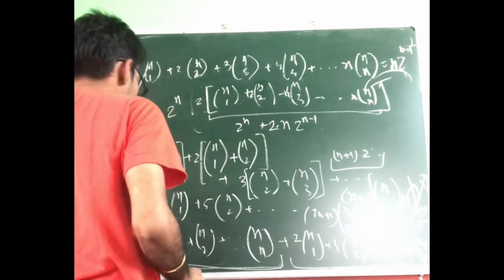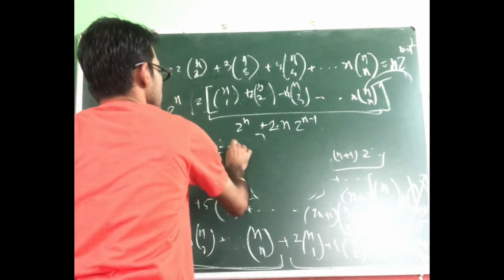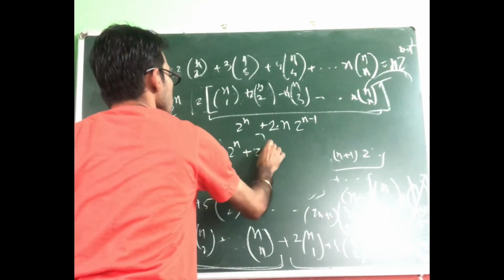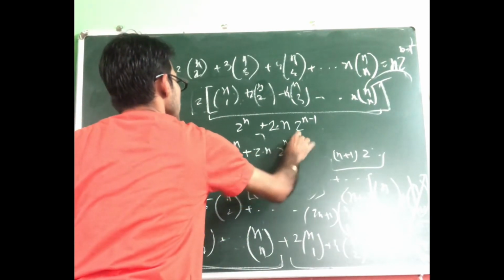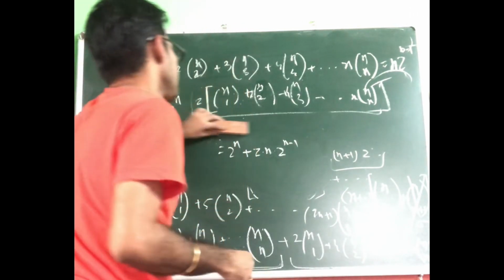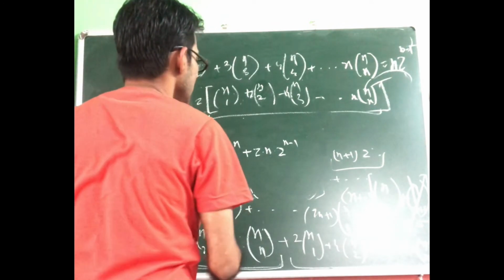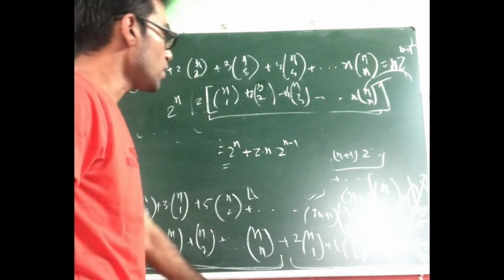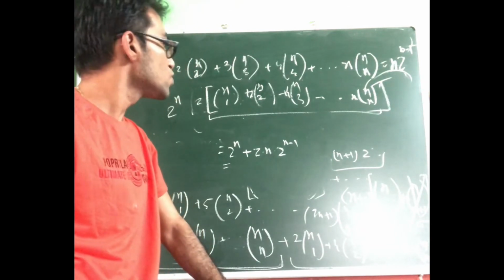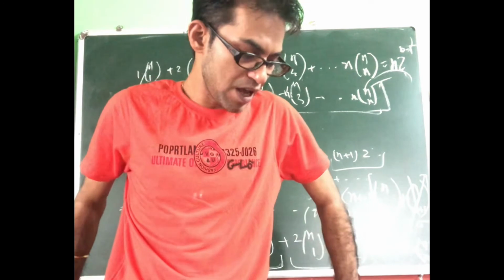So total what I am having now is 2 to the power n plus 2 into n into 2 to the power n minus 1. And this is what I am having.